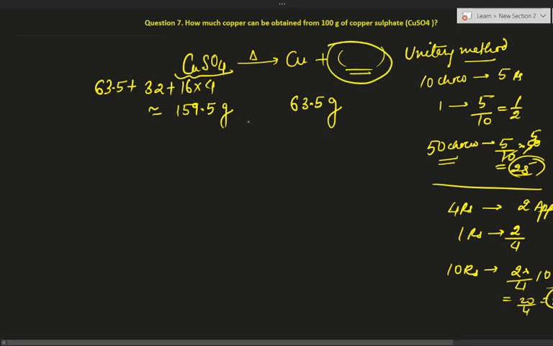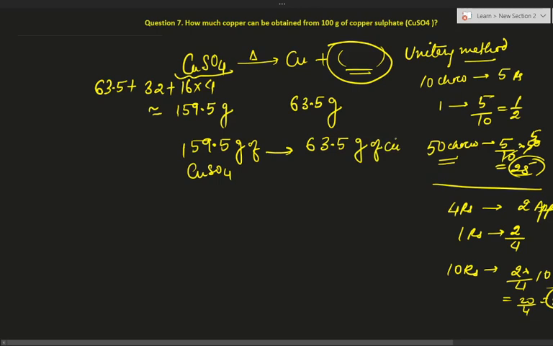Okay, so let's start solving. Right now you can say that 159.5 gram of copper sulfate gives 63.5 gram of copper.